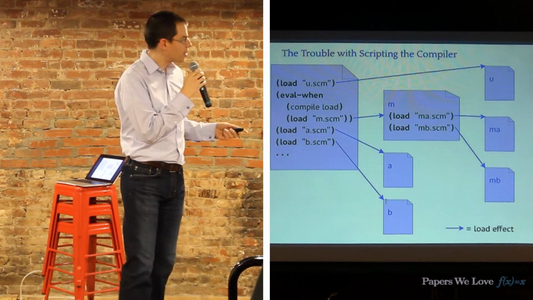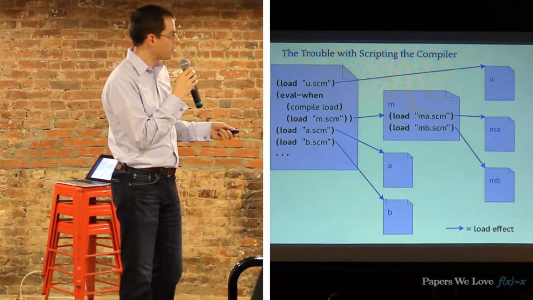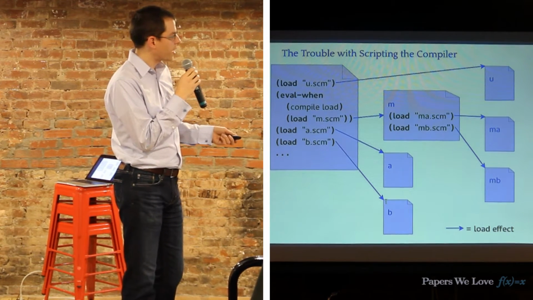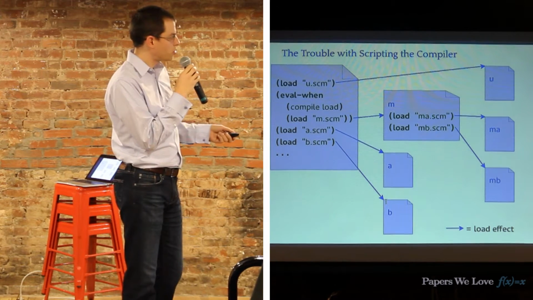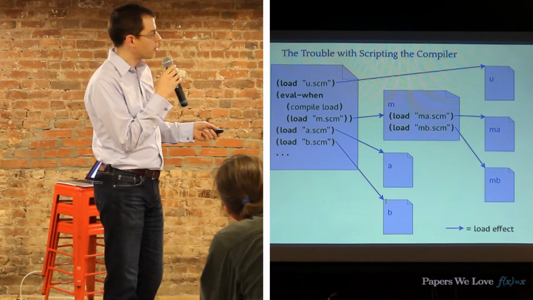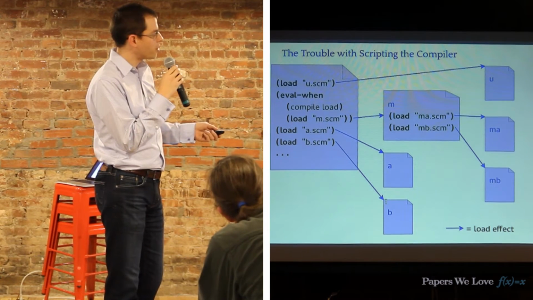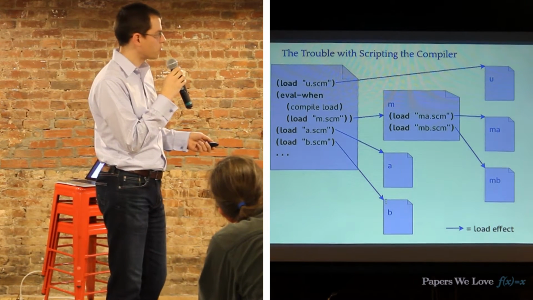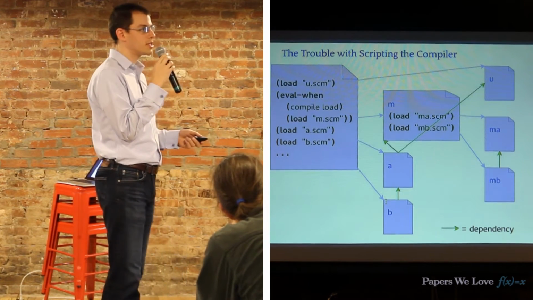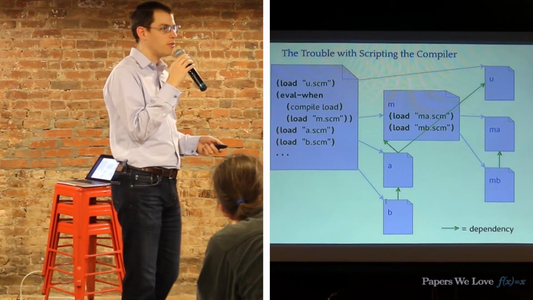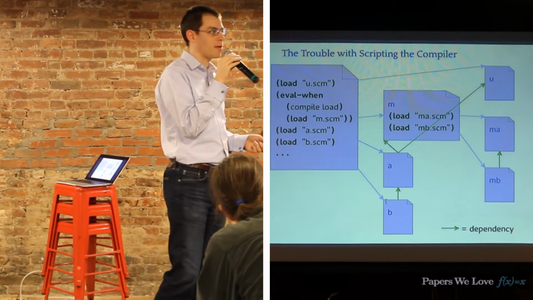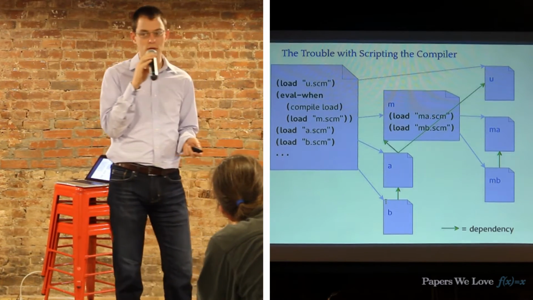So you can see that if we have this program here, we're loading a whole bunch of different things, and who knows exactly when all of these are going to happen. We've got this order and we have a lot of conditionals to control this. So you can see, however, that the blue arrows are not going to be the same as what the program really cares about.